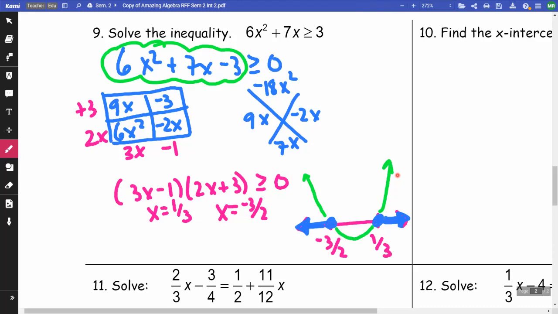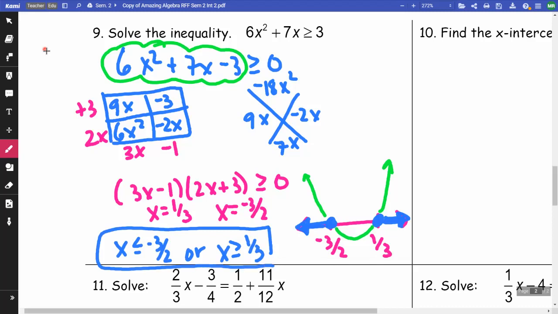I'm at 0. I'm above 0. So here I'm greater than 0. Here I'm greater than 0. That would be your graph. And the way you're going to write your answer when you have 2 separate pieces is x is less than or equal to negative 3/2, or, that word or, x is greater than or equal to 1/3. And that would be our answer.